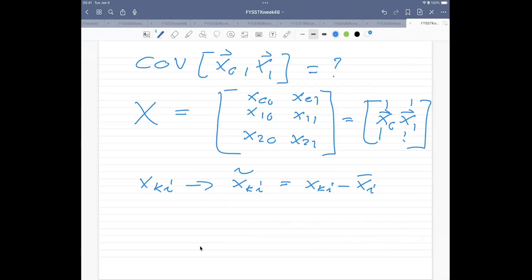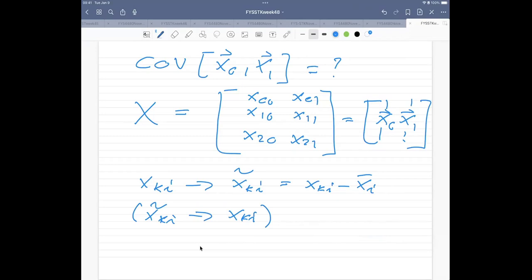So it's pretty common, you scale your data by subtracting the mean value for every column. So that gives us this x tilde, and then out of plain laziness, because I don't want to carry a tilde, I'm now going to let x_ki tilde just be x_ki again. So this is just a notation which I'm going to implement. So these x_ki's are just going to be the values with a subtracted mean value. And this is our scaling of the data.